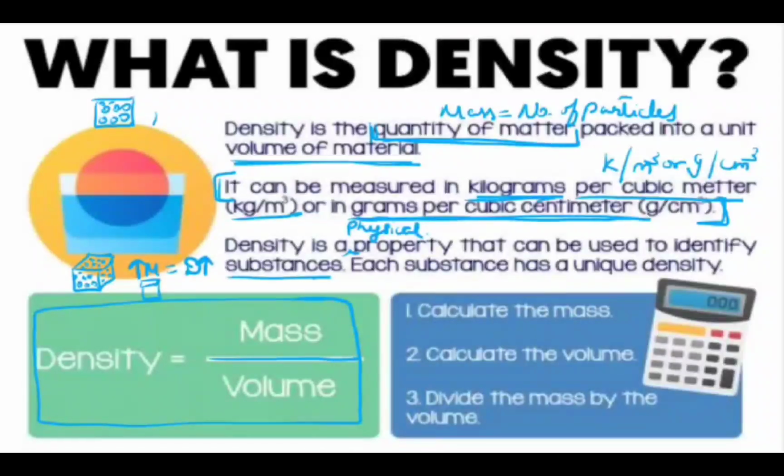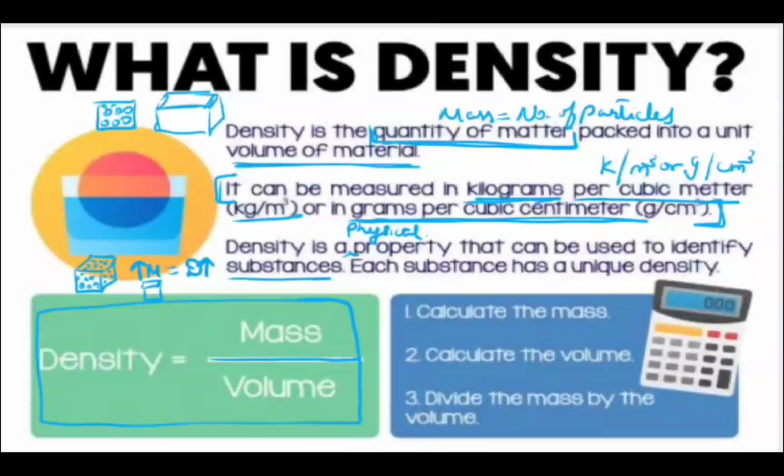If I increase the size of the box and I keep the number of particles the same, the volume increases, so the density will be lesser because the particles will tend to spread out all over the container.